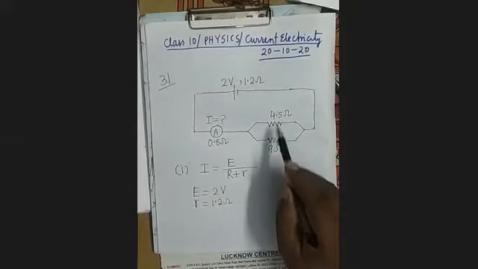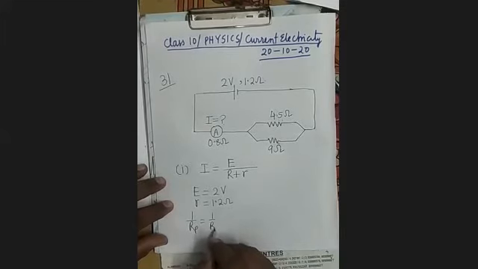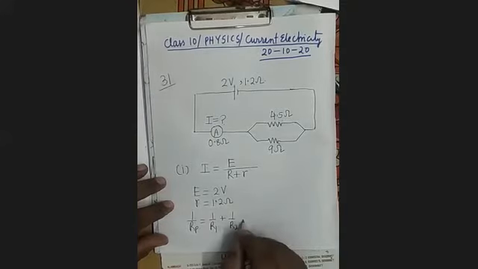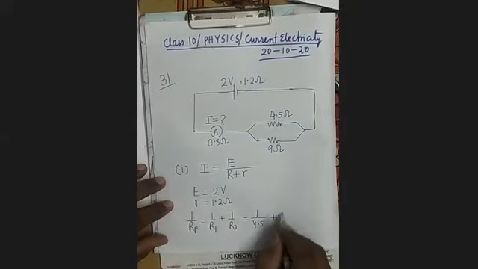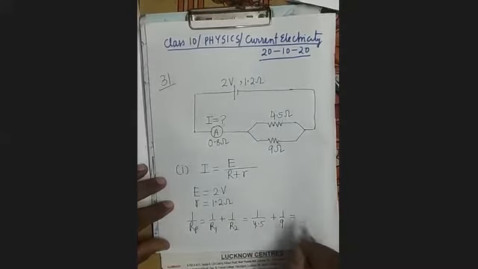तो हम इन दोनों का, ये दोनों कैसे हैं? पैरेलल में, तो इनका नेट रेजिस्टेंस फाइंड आउट करें। So see here, 1/Rp equals 1/R1 plus 1/R2. That is 1/4.5 plus 1/9. 4.5 का 2 times क्या होता है? 9 होता है, तो LCM क्या हो गया? 9. So 2 plus 1.